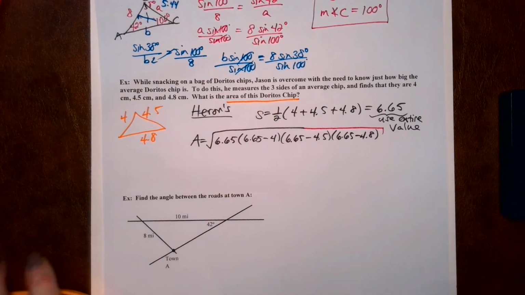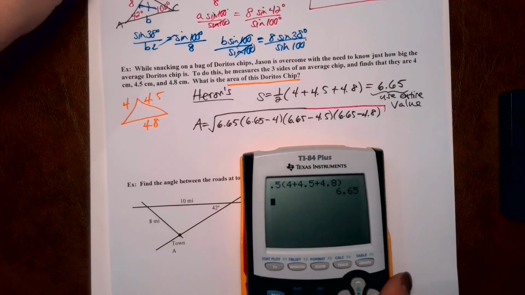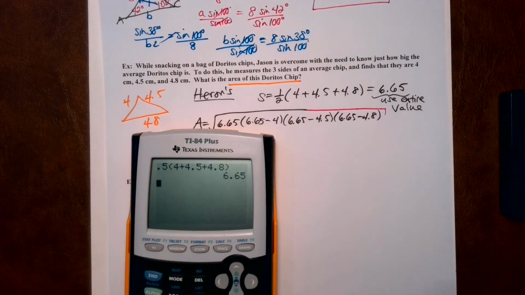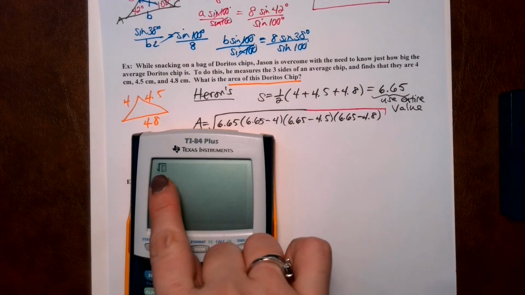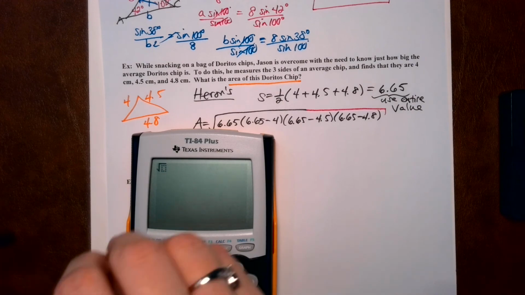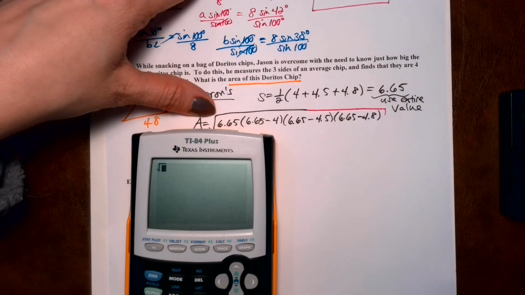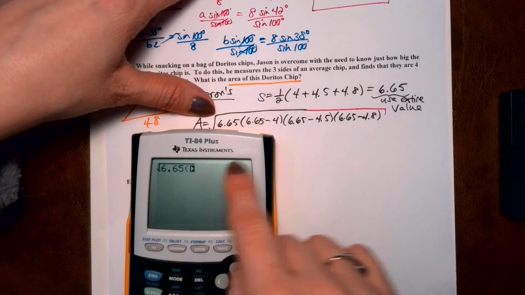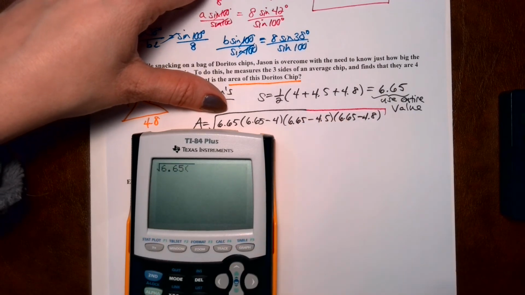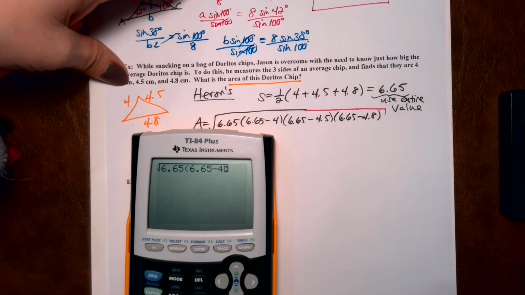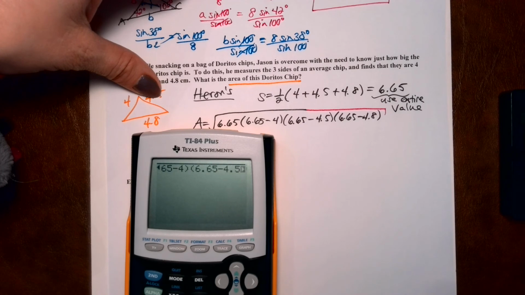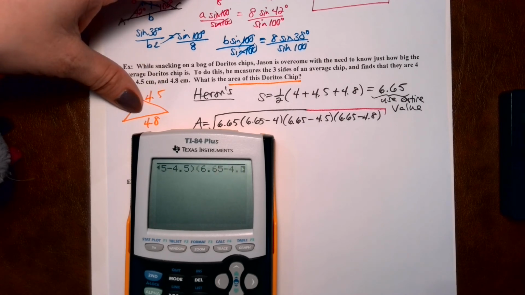Let me show you, when you do this in your calculator, when you push the square root button, the radical sign should keep covering everything we type. So if we do 6.65, do you see how it just keeps extending? That's what we have to do. 6.65, take away 4. 6.65, subtract off 4.5. 6.65, subtract off 4.8.